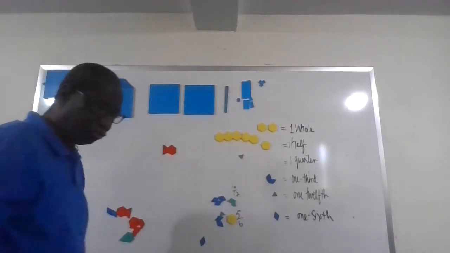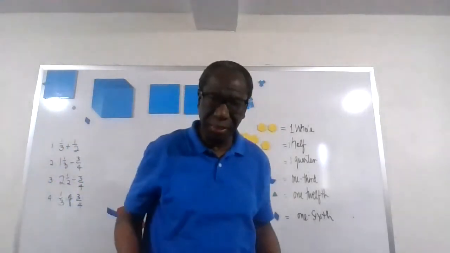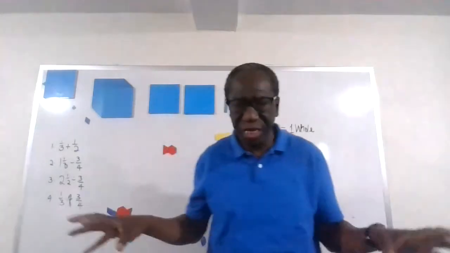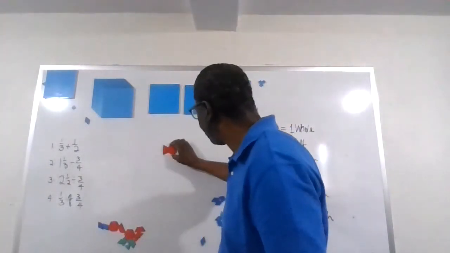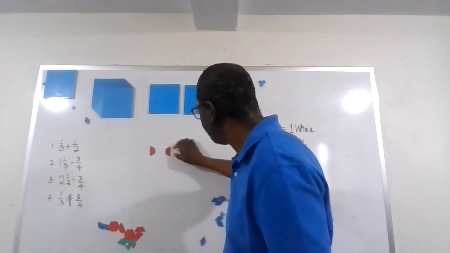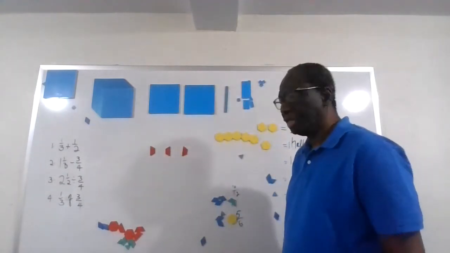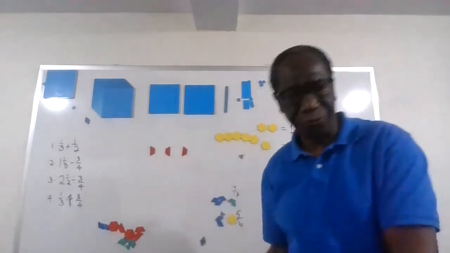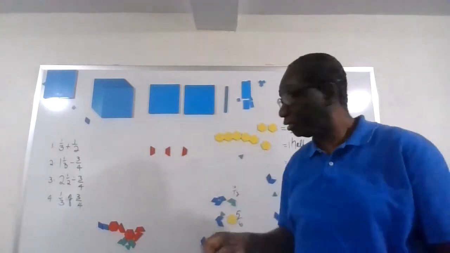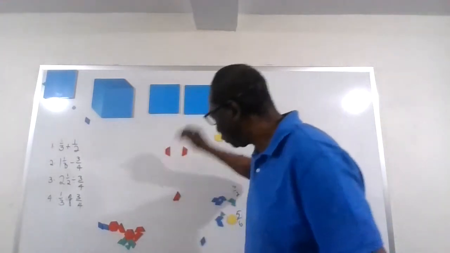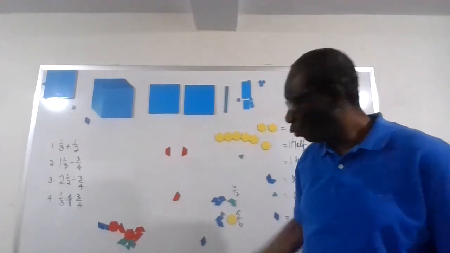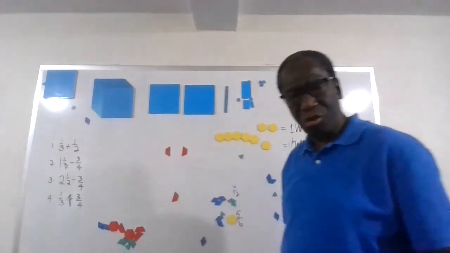That means if I'm going to take a third of anything, I need to have 3 equal groups. So I am going to put them in 3 equal groups and take one of the 3. That would be a third of it. That would be your answer.